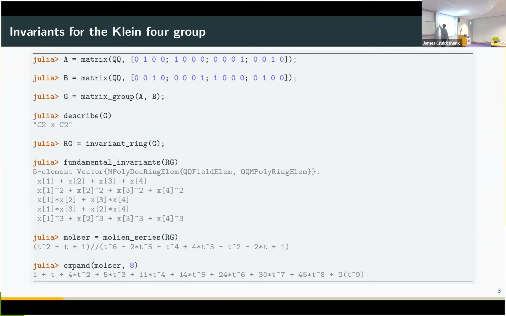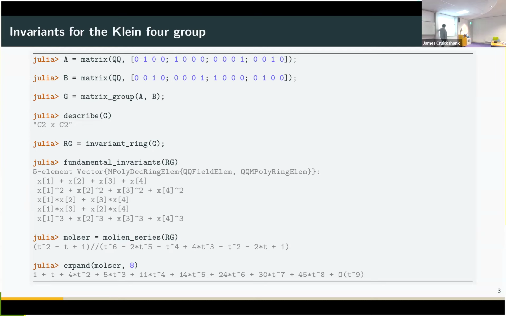They are commuting, so this is a very small group. We ask OSCAR to compute the invariant ring, and then a function which gives us a generating system is fundamental invariants. In this case, we get these 5 polynomials which generate the invariant ring, and that's the result.